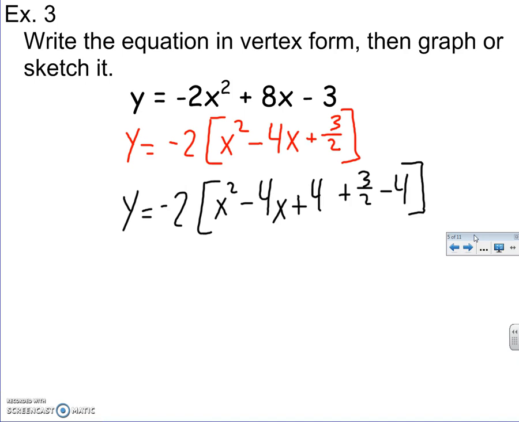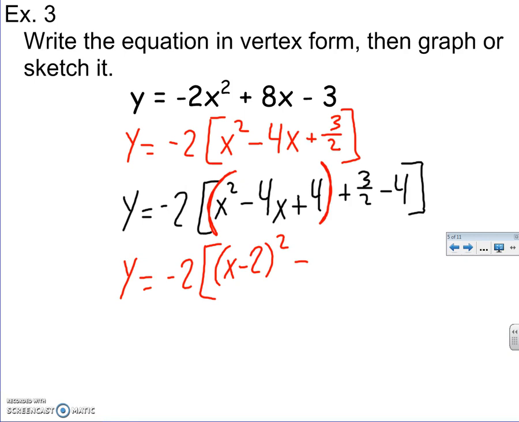So now inside this part right here is a perfect square. So that is negative 2 outside, and inside would be x minus 2 squared. And then plus 3 halves minus 4. That would be negative 5 halves.